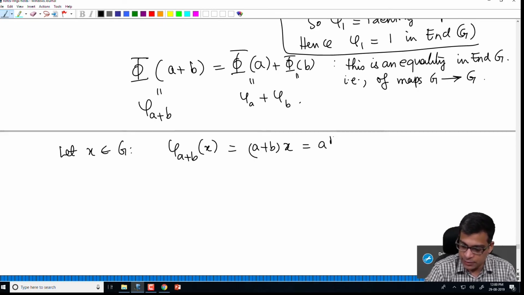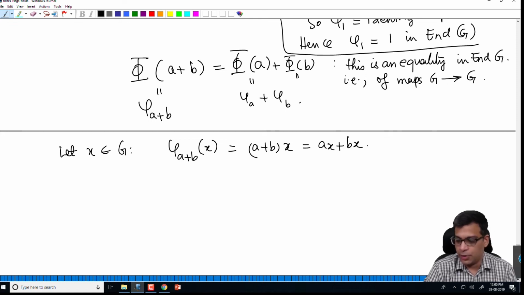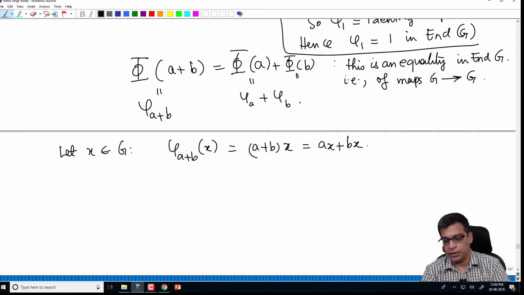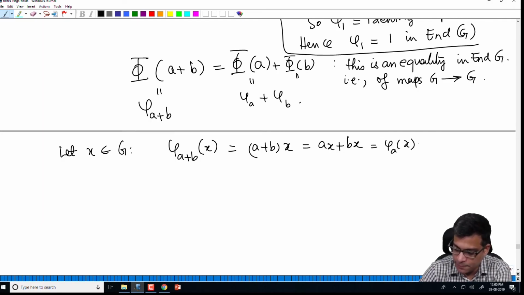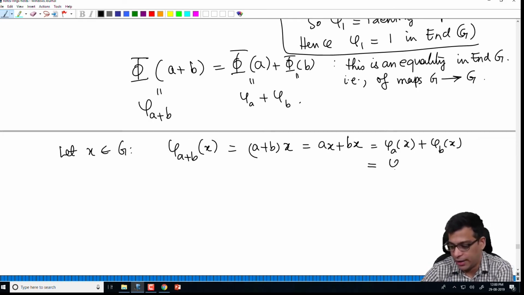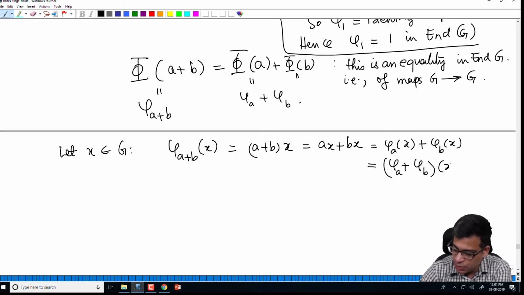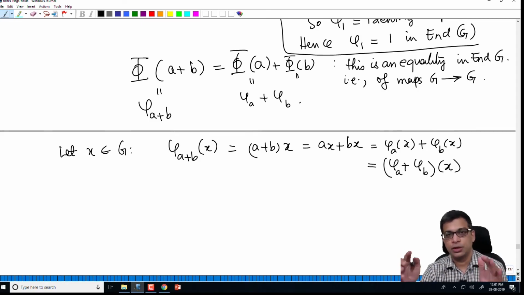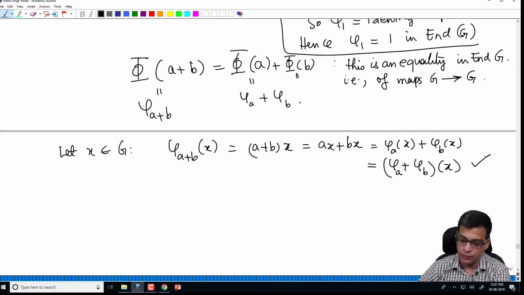This is Ax plus Bx, because remember A is really being thought of as an integer. This is phi sub A of x plus phi sub B of x. By the definition of addition in End G, this is phi sub A plus phi sub B of x, because when you add two endomorphisms, you just take the image and add. So this is what we require.